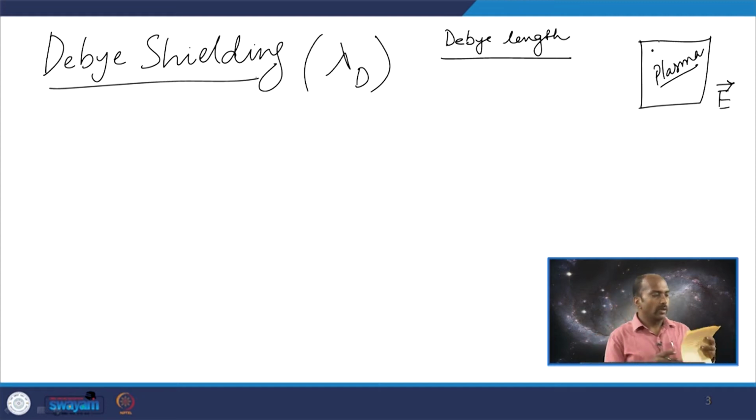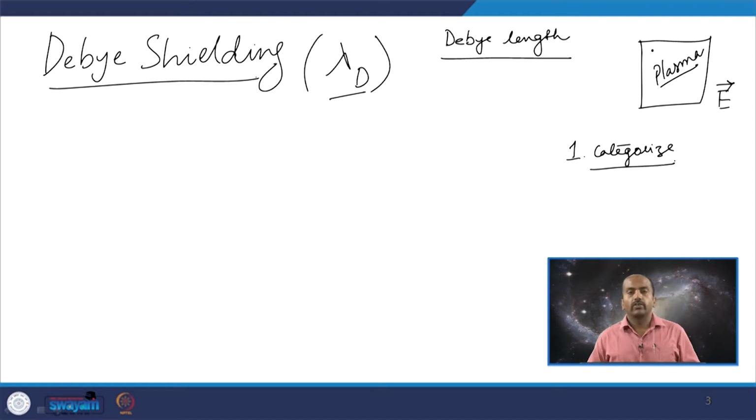The Debye length is the most important and fundamental length scale in plasma physics. It is very important in categorizing plasma, that is, whether to call a collection of charged particles existing in a gas a plasma or not.